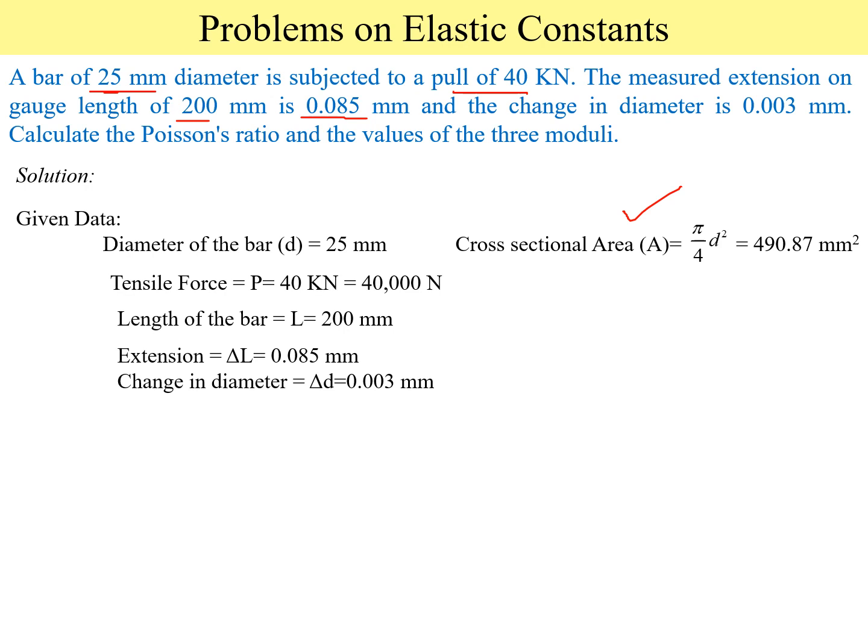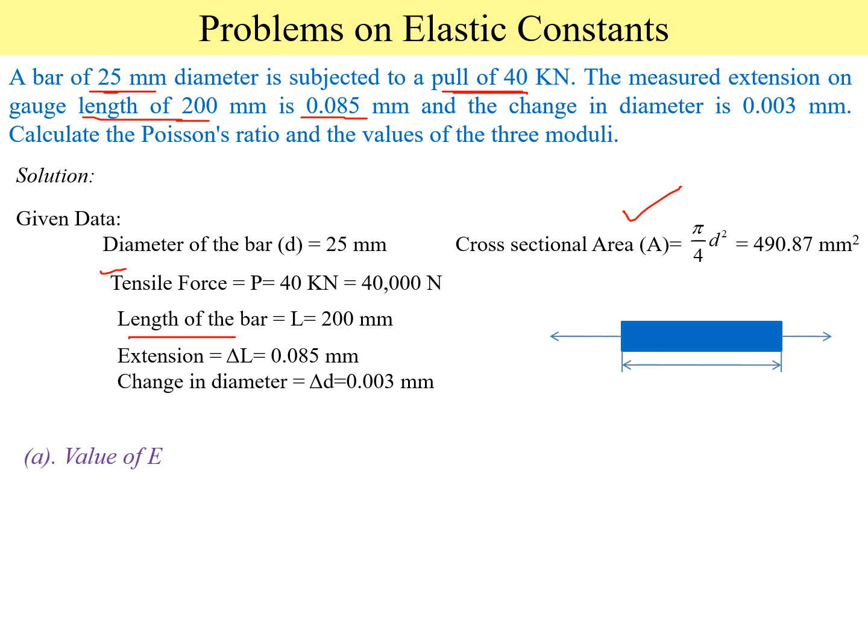The applied pull of 40 kilonewtons, which means tensile force, capital P, is 40 into 10 cubed newtons. Then the gauge length, so the length of the bar, capital L, is 200 mm, and the extension is nothing but the change in length, that is 0.085 mm, and the change in diameter delta d is 0.003.